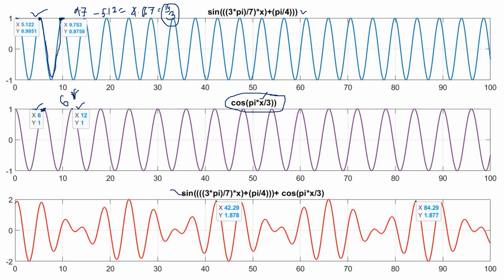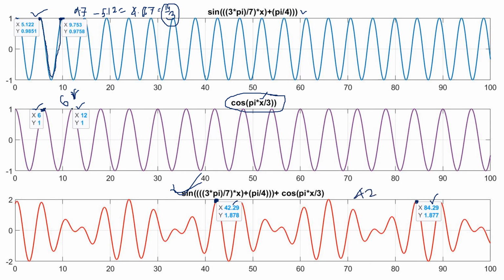After adding these two, the combined signal will look like this. You can very well see the point of reference which I am considering, and here again it is repeating. If you subtract 84.29 minus 42.29, this comes out to be 42.